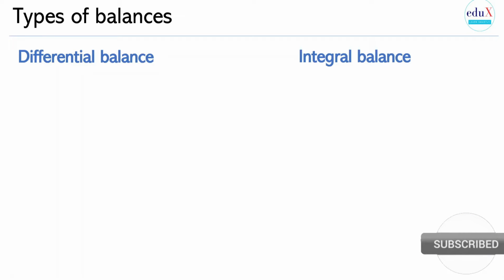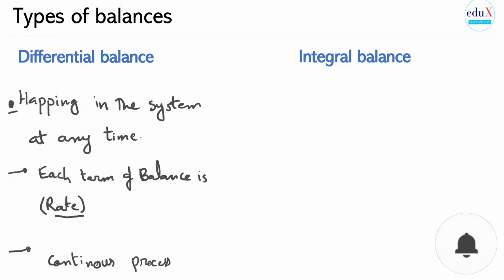So let's get started. Differential balances are usually applied on continuous processes, and they tell us what is happening in the system at any instant of time. More importantly, each term of a balance equation is a rate, like rate of input, rate of generation, rate of consumption.